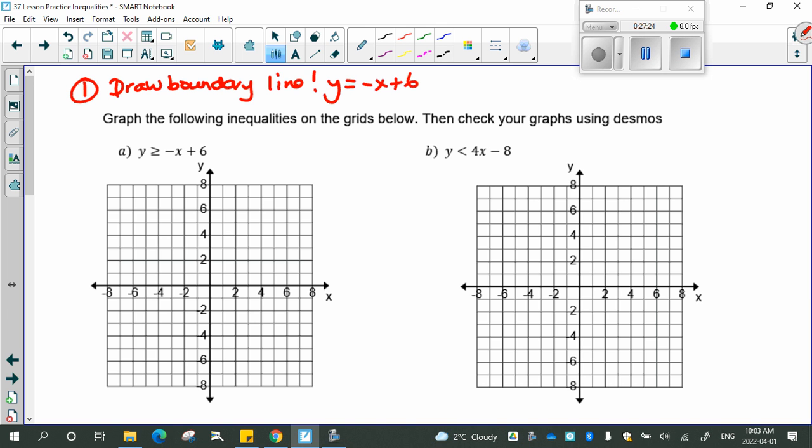Who knows how to draw the line y equals negative x plus 6? Where does it start on the y-axis? Yep, 6. Awesome. And then what's the slope number? -1, which is my rise over my run. So I fill a 1 in here. And that slope means down 1, right 1, down 1, right 1.